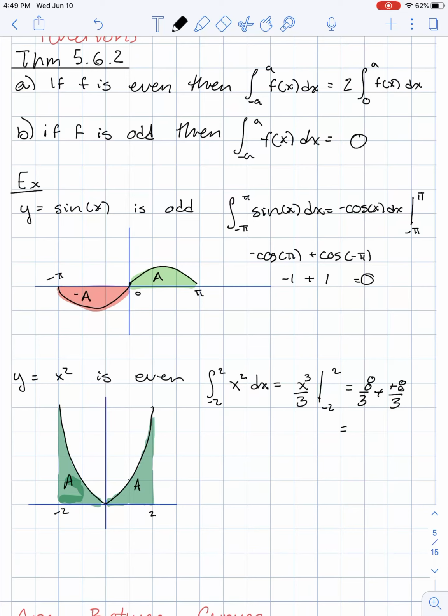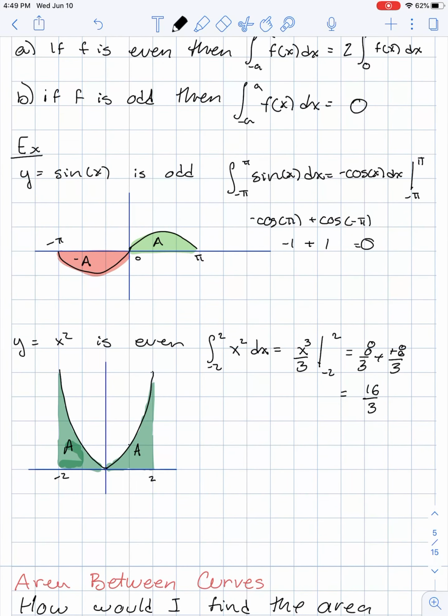So we're going to add those together, and I get 16/3. Well, now what if I do 2 times the integral from 0 to 2 of x squared dx? Well, that's still going to be 2 times x to the 3 over 3 from 0 to 2. And that's going to give me 2 times 8/3.